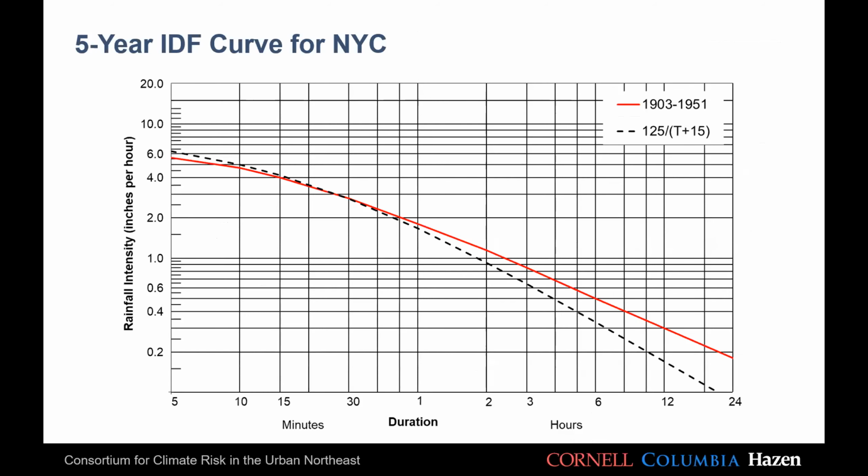Here's another view of the 5-year IDF curve. The x-axis is just expanded. The 5-year storm is the return period for which DEP's stormwater system is designed. And the IDF curve shown here is the red line, with the dashed line representing an equation, I equals 125 over T plus 15.